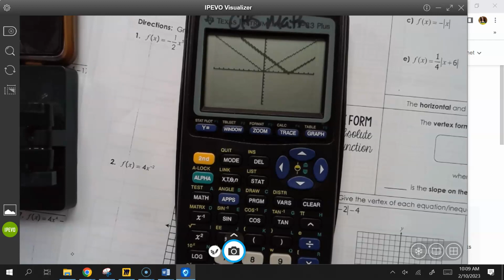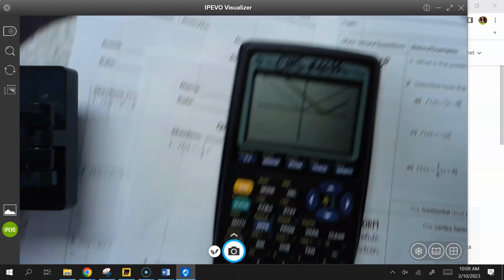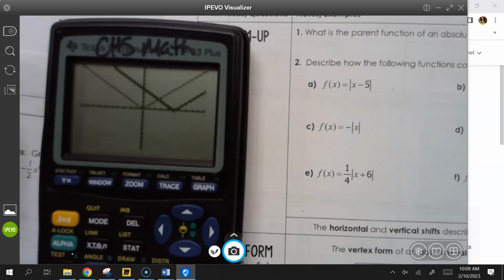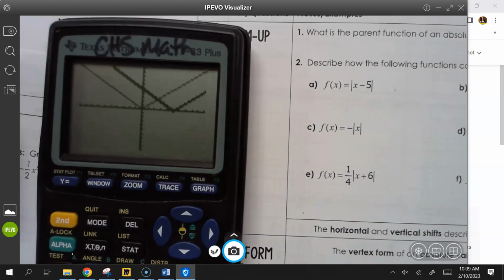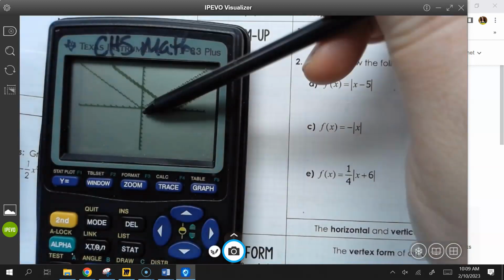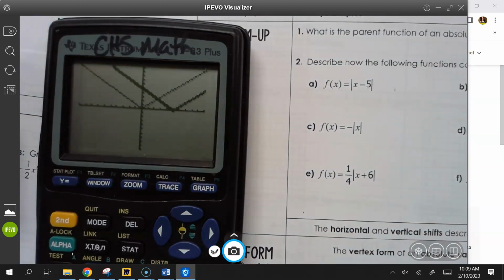Now look at my new one. Remember, this one is x minus 5, the bold one. So here's x minus 5, and this is just the parent. What has changed? What is different about the bold graph as compared to the original? Over like how many?